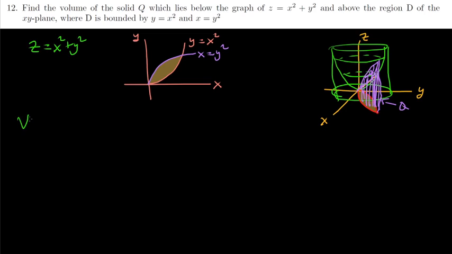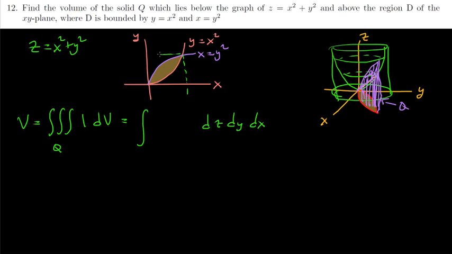Well, there's a couple ways of thinking about this, right? We can think of it as a triple integral integrating 1 dV. If we do dz, dy, dx, these curves intersect at 1, 1 and 0, 0.